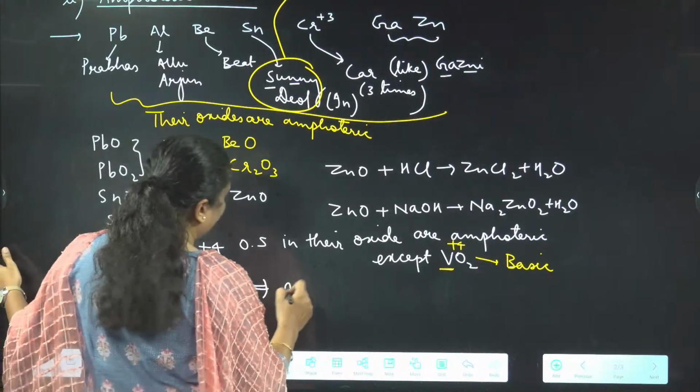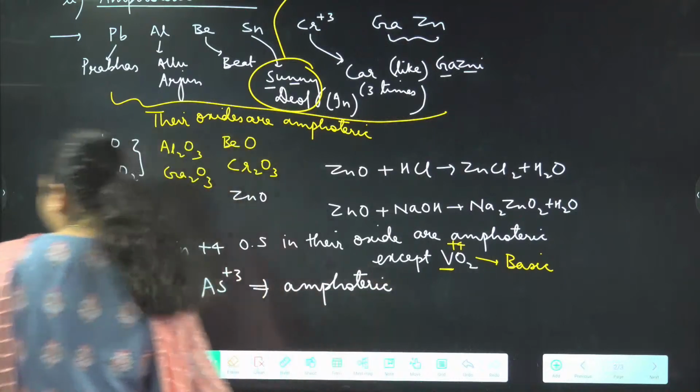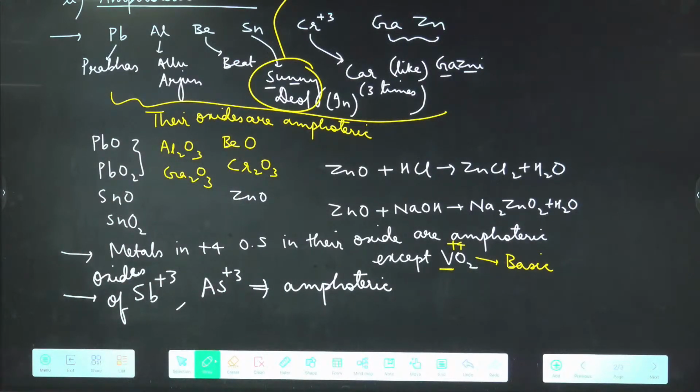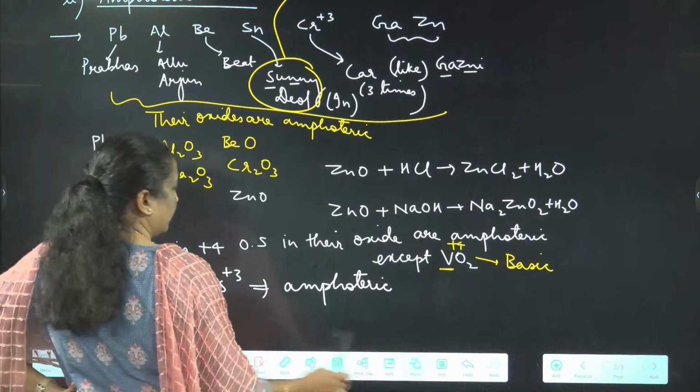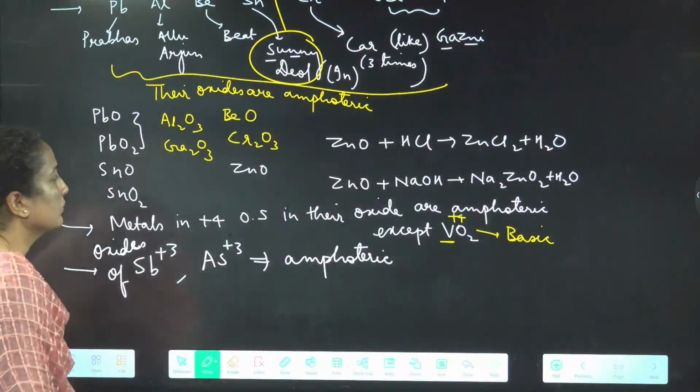Oxides of Sb plus 3, As plus 3, they are also amphoteric. You can include this point. Written?